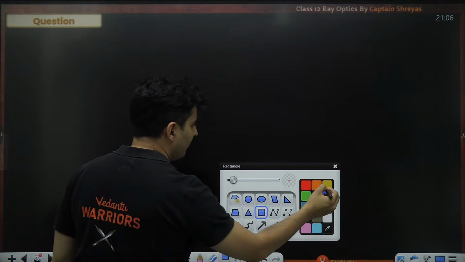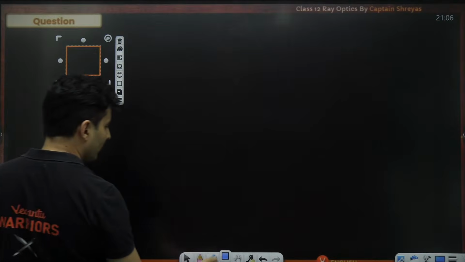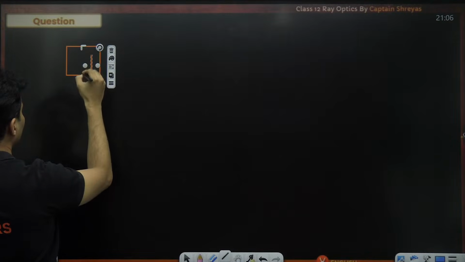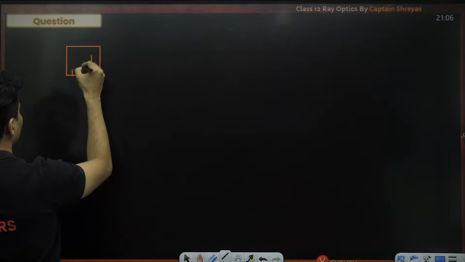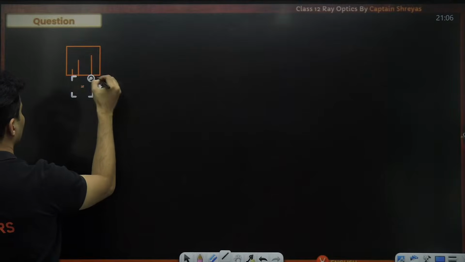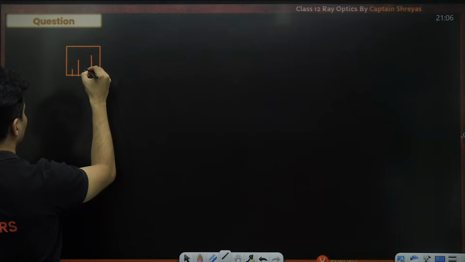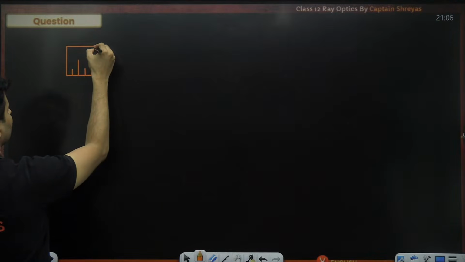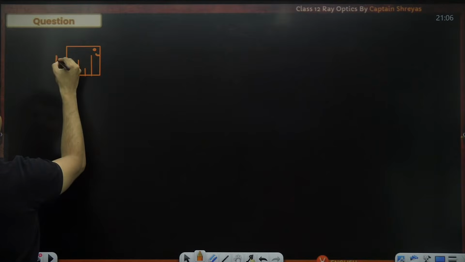There is an elephant standing over here. I hope it looks like an elephant. The elephant's height is h.